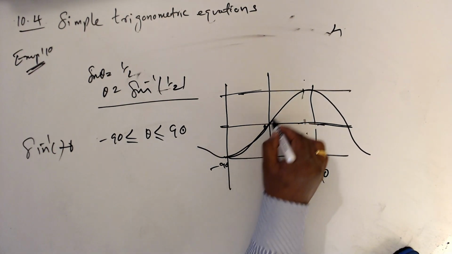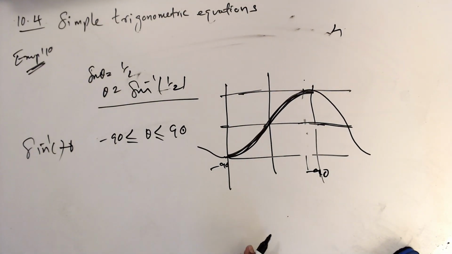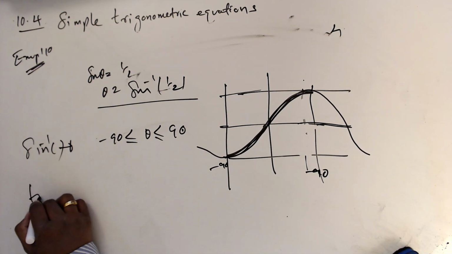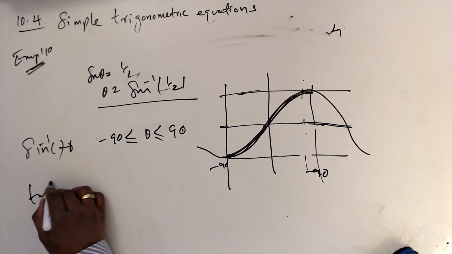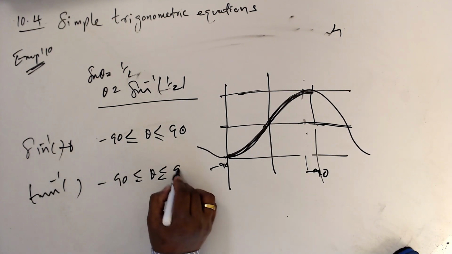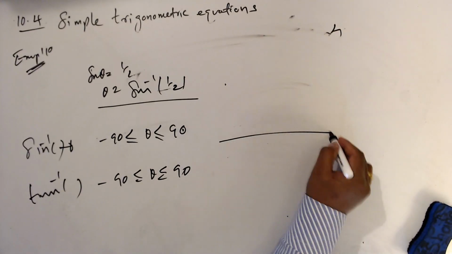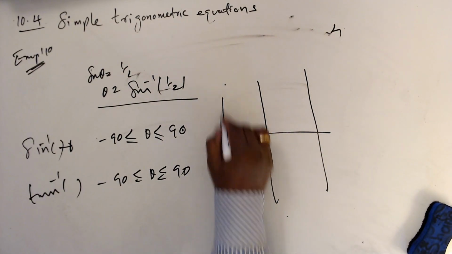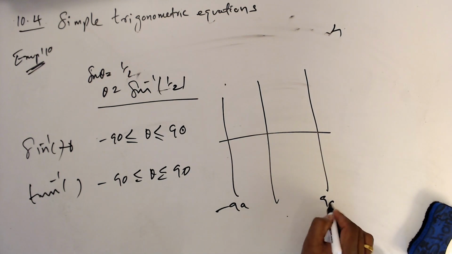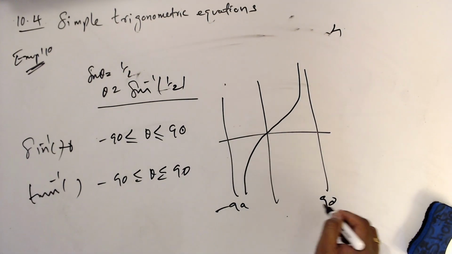The angle you will get from the calculator is always minus 90 to plus 90. Tan is also the same. Tan inverse gives theta from minus 90 to plus 90, like this.